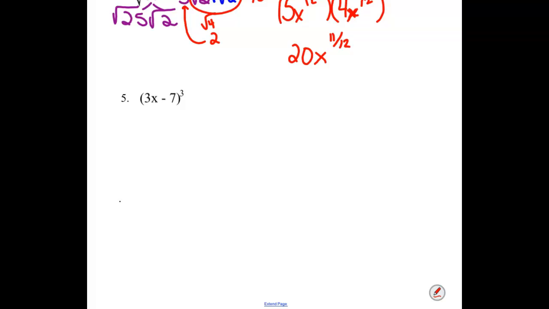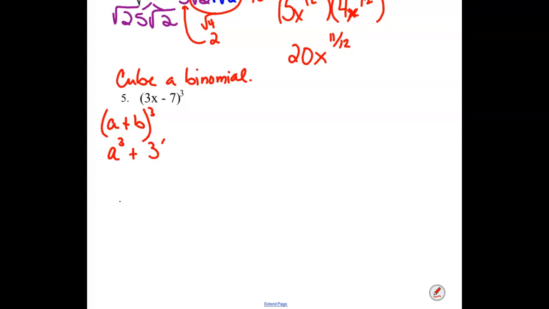The last question I wanted to go over with you was this pattern for when you are cubing a binomial. And if you think back to what we talked about when we were looking at this lesson, we said there's a pattern involved here. It has a lot of 3's in it. So if we take a plus b and cube it, our pattern was to take the first term a and cube it.